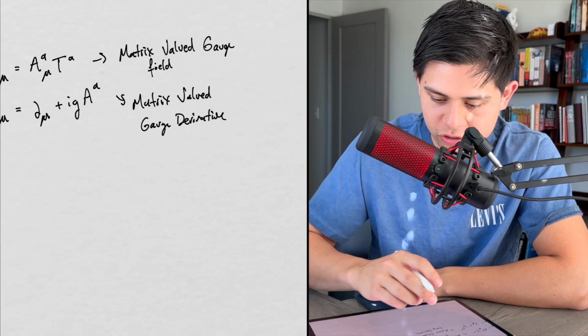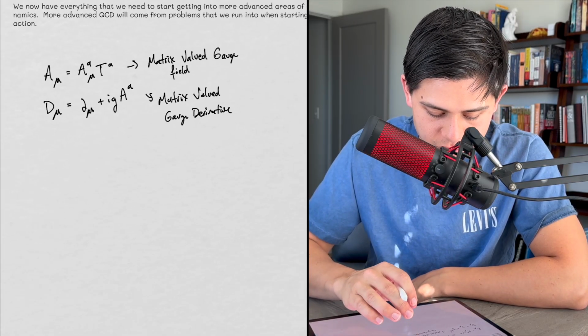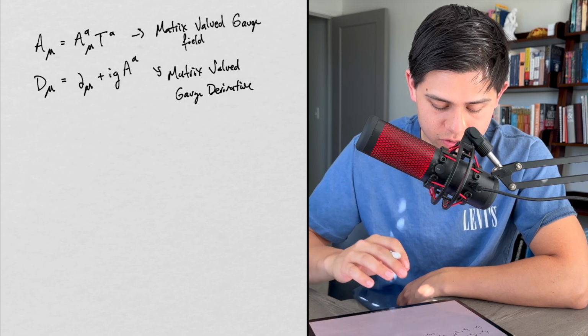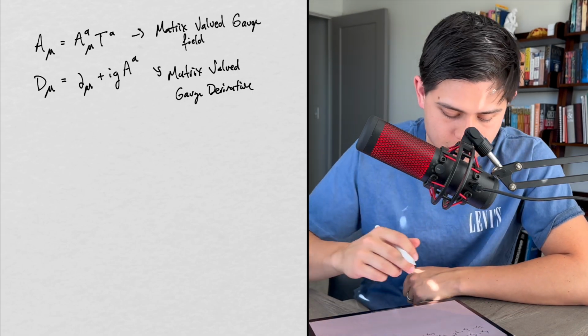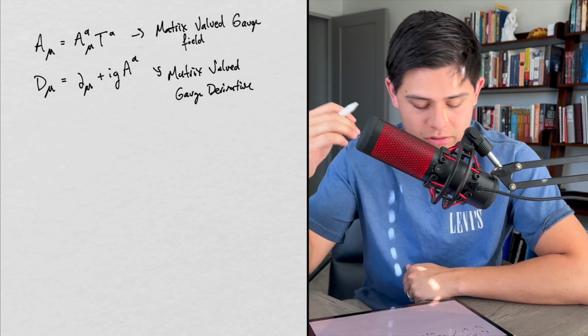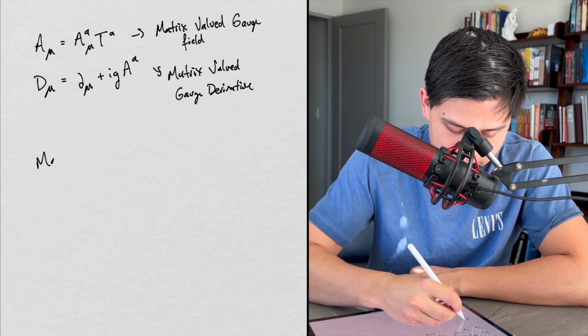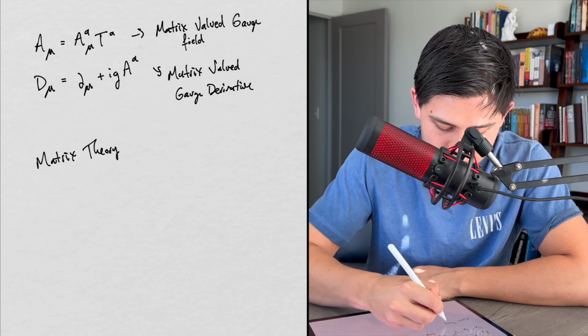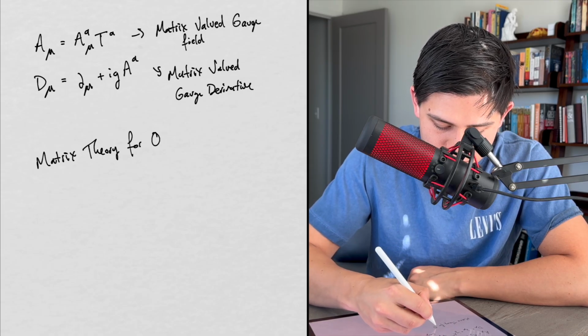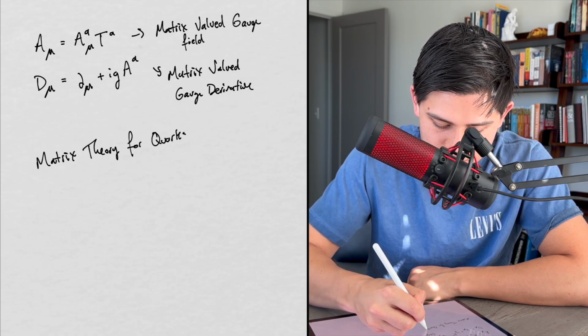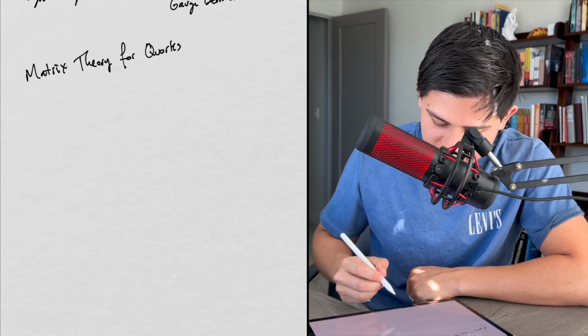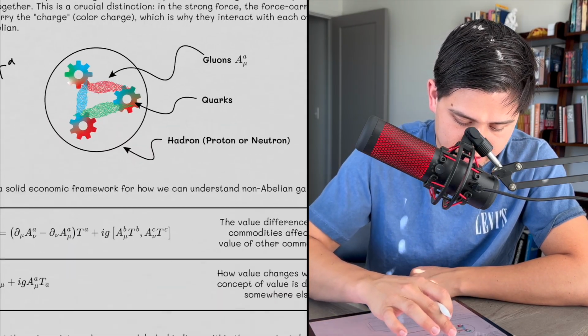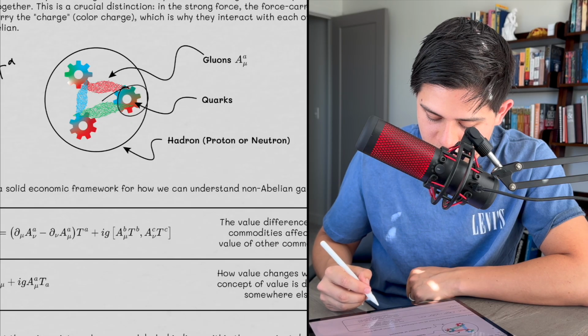What I want to do in the last few minutes is talk about what's next to come. Next to come is going to be a matrix theory for quarks. The quarks, again, were these objects that have this thing called color charge.